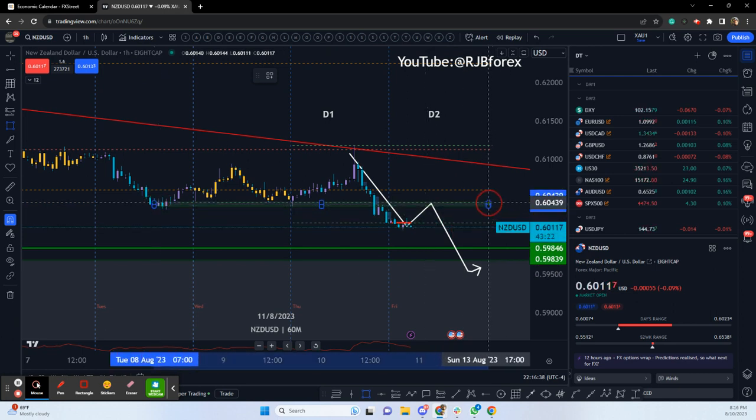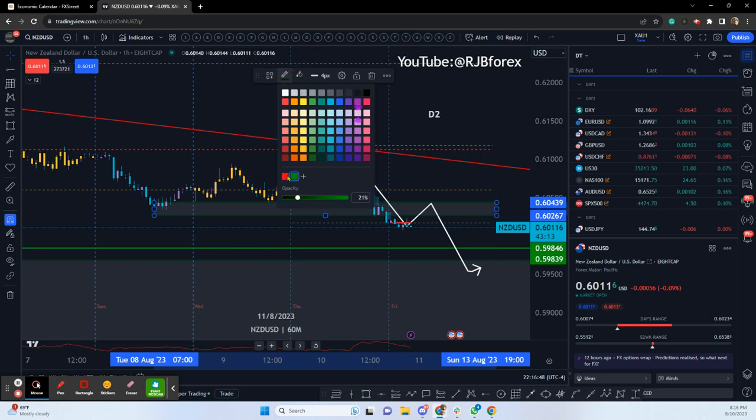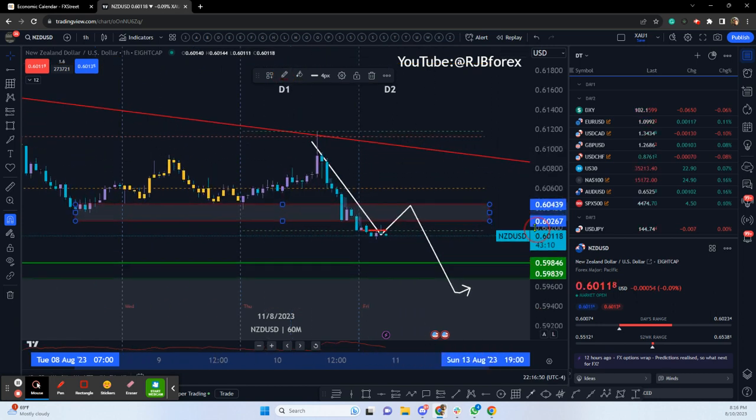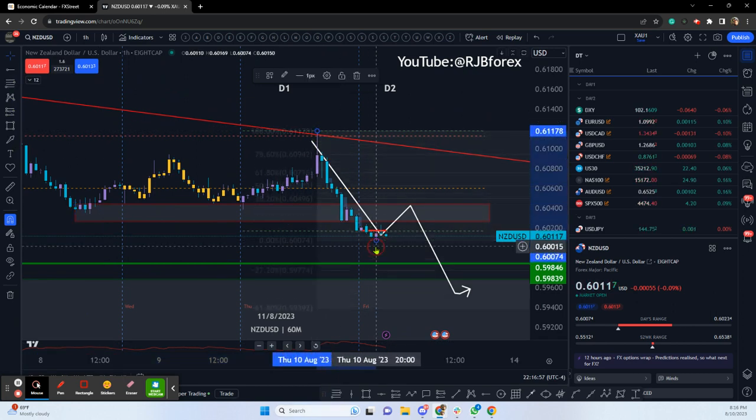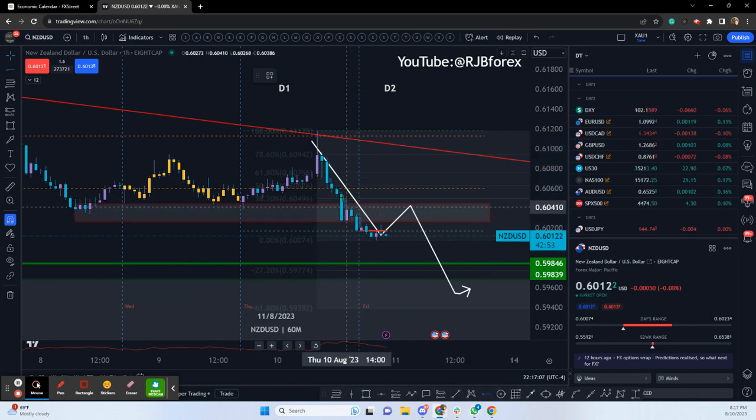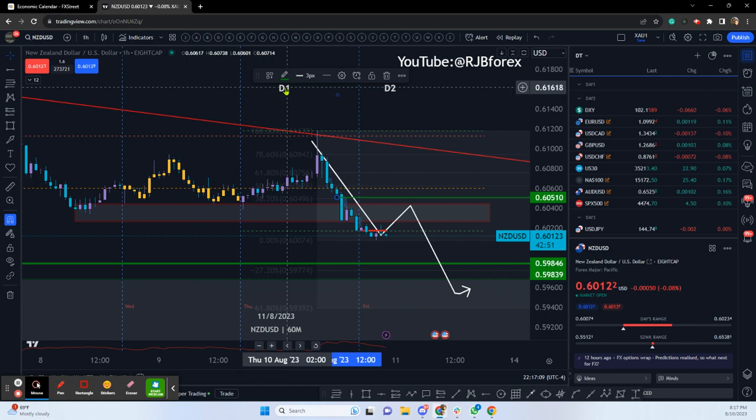Potential resistance. So right up in here, 60.50. Potential resistance as well.